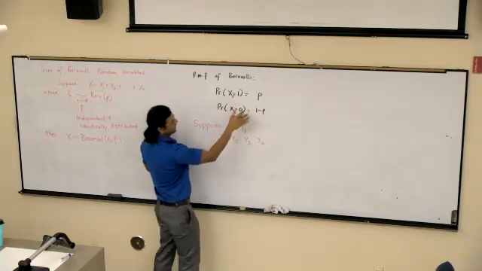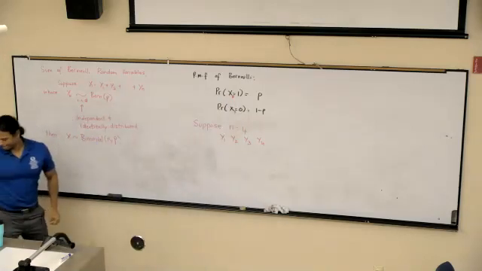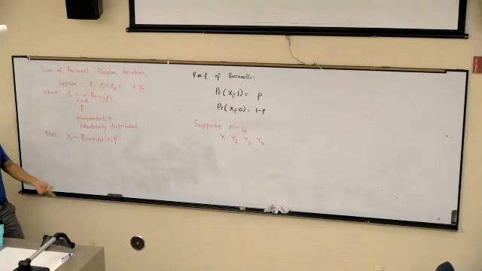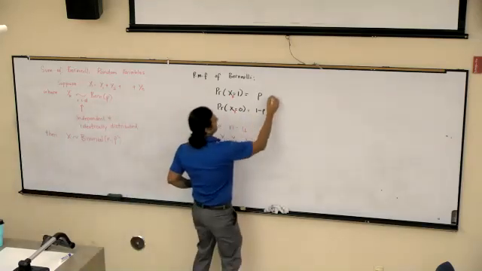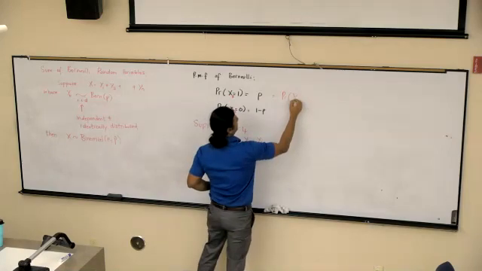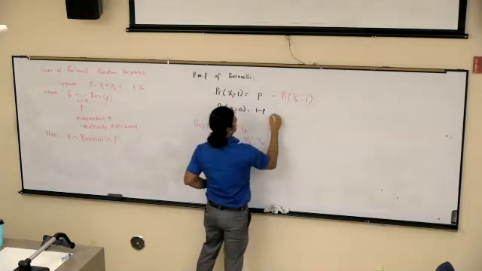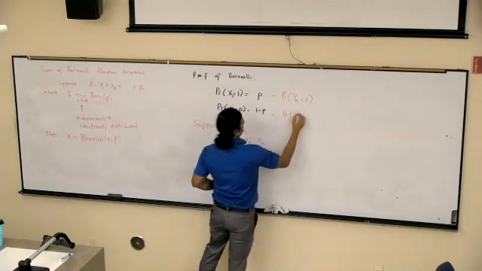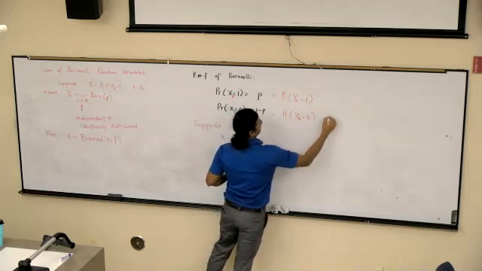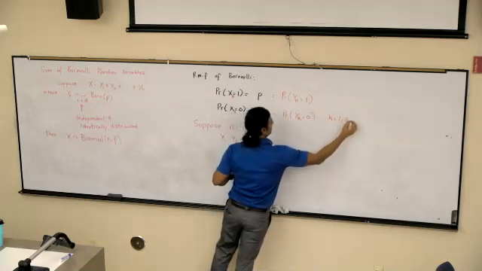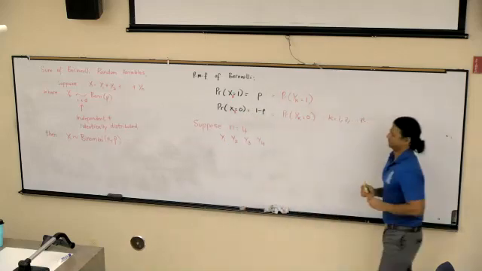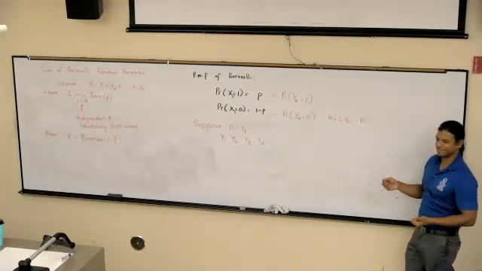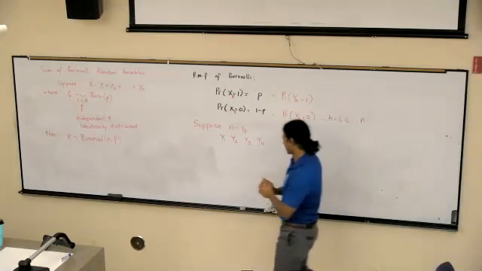This is the Bernoulli X. I could have just called it Yi, because that's what these are. Same thing. I could have called it Y from the get-go.